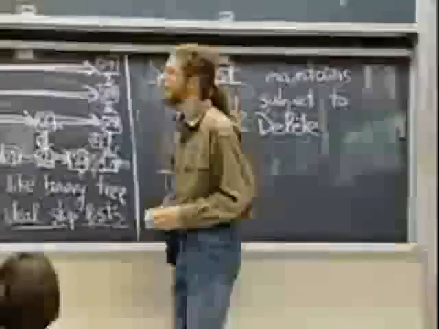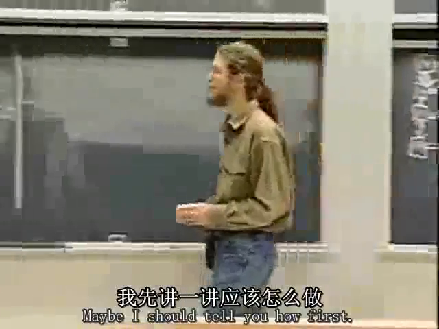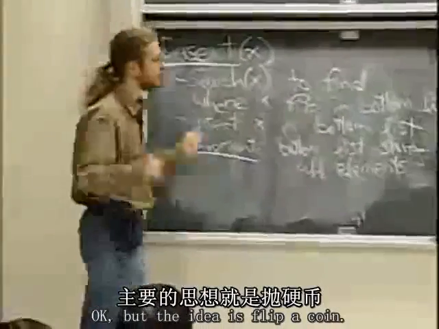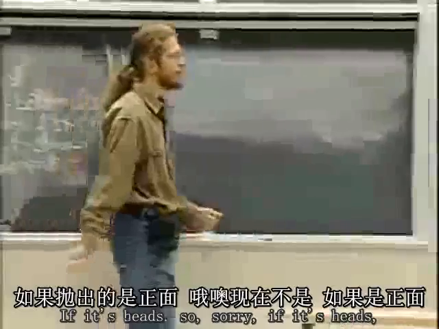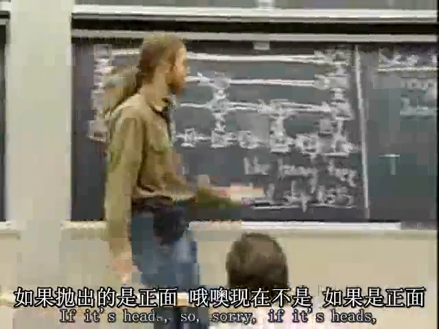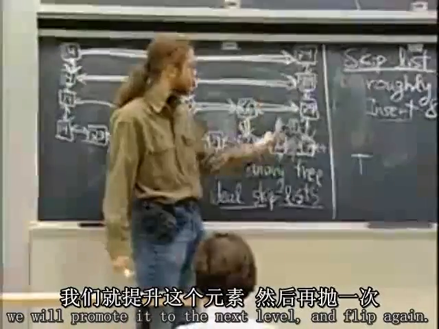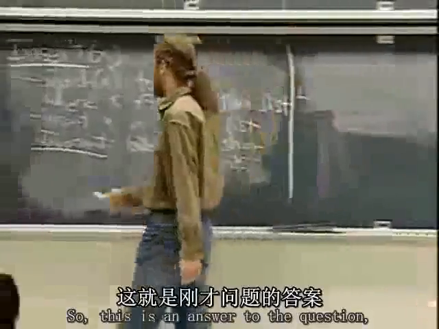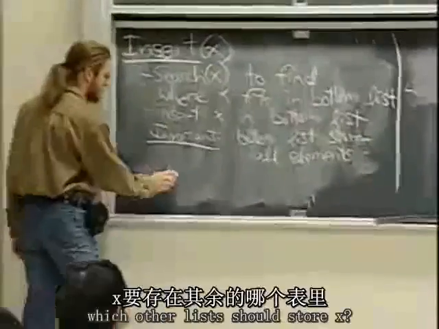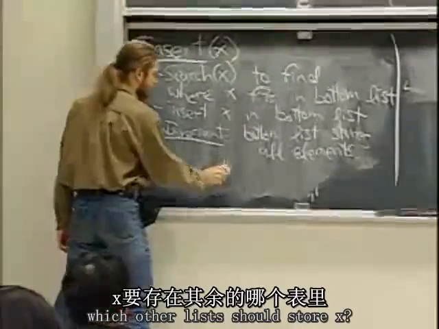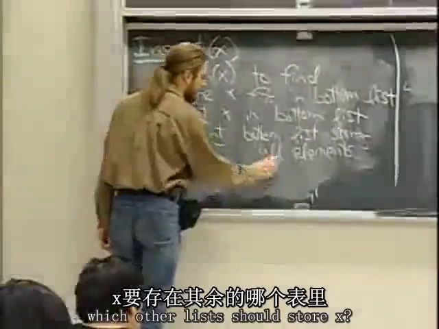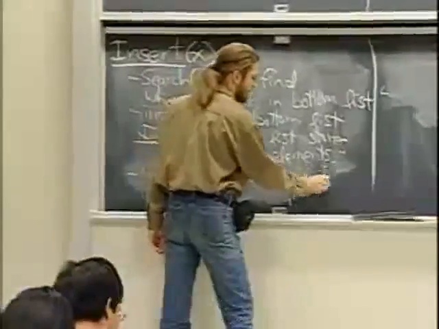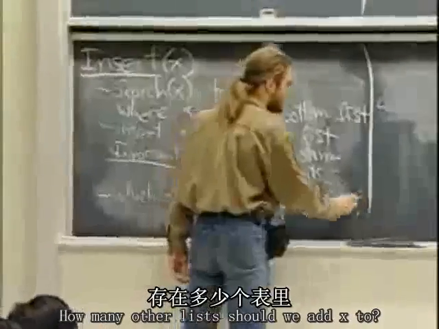Okay. What we're going to do is build a skip list. Maybe I should tell you how first. The idea is to flip a coin. If it's heads, we will promote it to the next level and flip again. This is in answer to the question: how many other lists should we add x to?